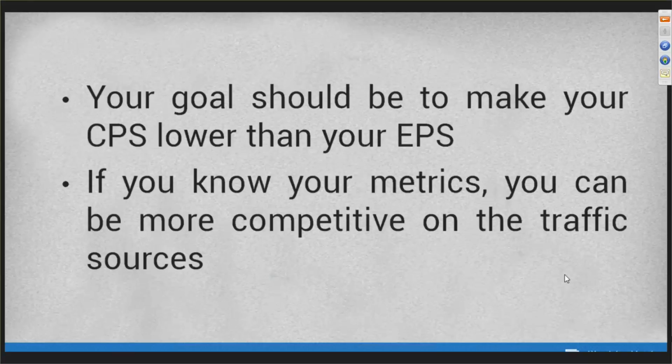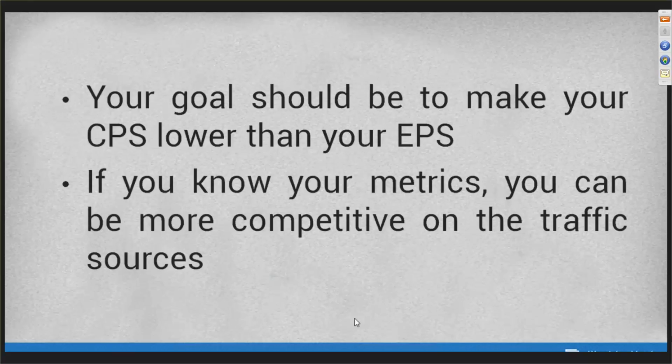And it's very important that you really know your metrics, because then you can be more competitive on the traffic sources. If you do not know your earnings per subscriber, for example, maybe spending like $1 or $2 per subscriber is going to scare you, and you're going to think that it's too much and not do it. But at the end of the day, in 2 months, you would be able to get a 100% ROI on those subscribers, for example. And you're not going to do that because you're scared of spending so much. If you're not looking at all the numbers at the same time, eventually you're missing some information and you're going to make the wrong decisions.